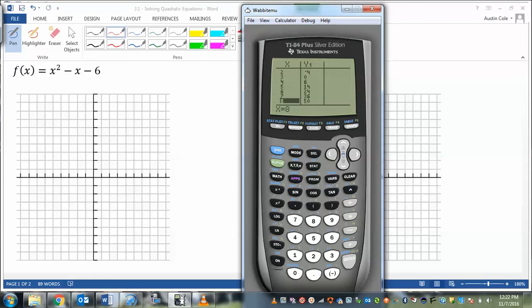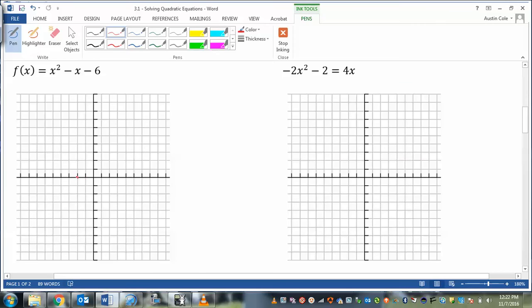So I'm just going to graph that here. -2, +3, that's really what I'm looking for. I need those two numbers. X equals -2, X equals 3.